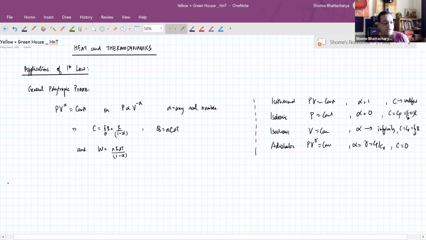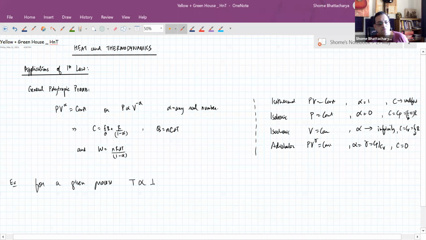So let's look at an example today. For a given process, temperature is proportional to 1 upon V square.